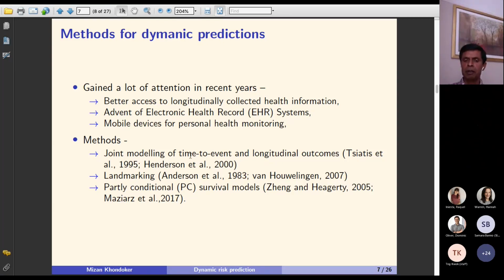The landmarking approach, on the other hand, is easy to implement because it is just like fitting a standard Cox model. But it is a bit less good in terms of theoretical rigor. It is not based on a very strong theoretical foundation. And the partly conditional model is kind of in between in terms of computational complexity. This is also a good one for dynamic prediction.